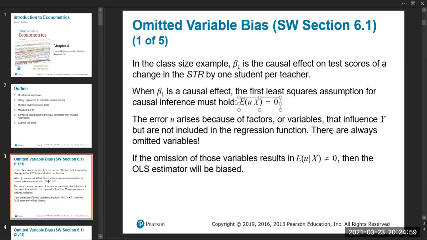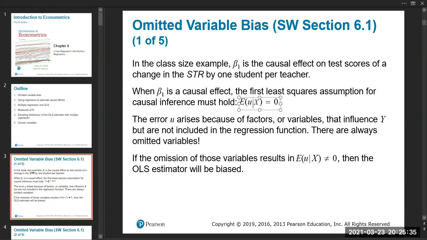For example, the eye color of a student doesn't affect their test scores, or whether a student has long or short hair, or hair color. It is other things, like school budget, school selection criteria, teacher quality, peer effects, or parents' help. All the other things that affect y are included in u.